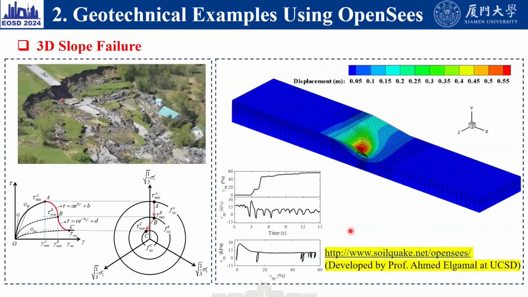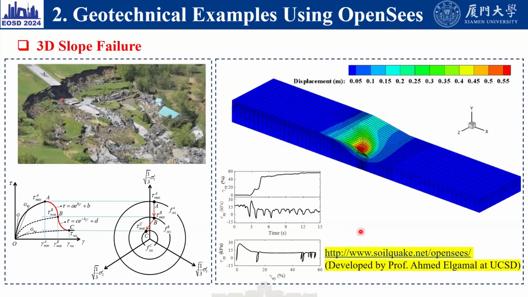So for 3D analysis, as you might know, most slope failures can be triggered by strain softening behavior. So on this basis, we developed a strain softening model in OpenSees. So you can capture the strain softening behavior of quick clay, sensitive clay, or frozen soil.